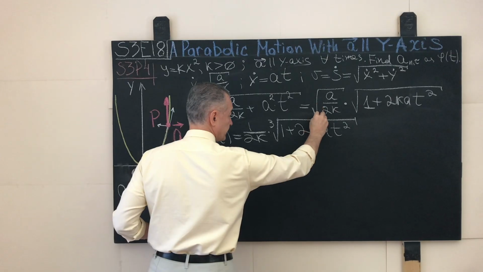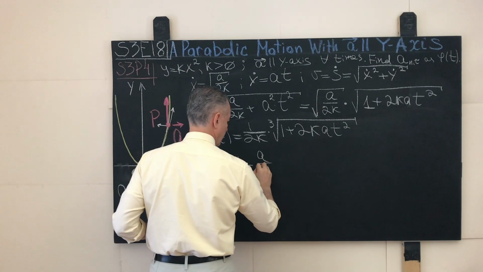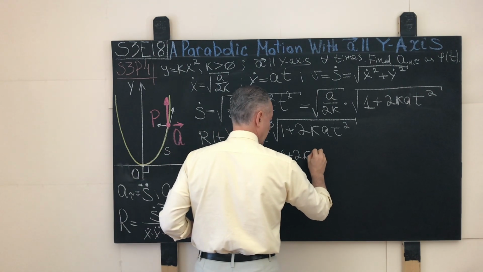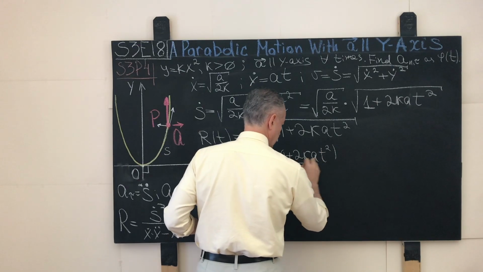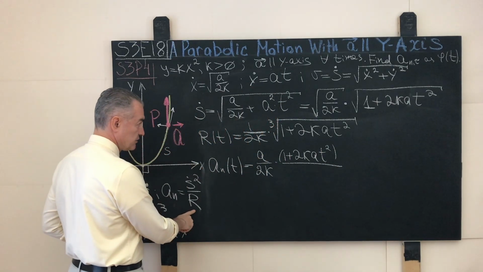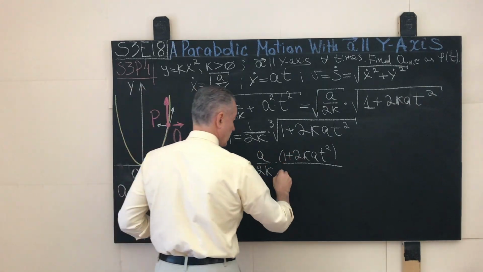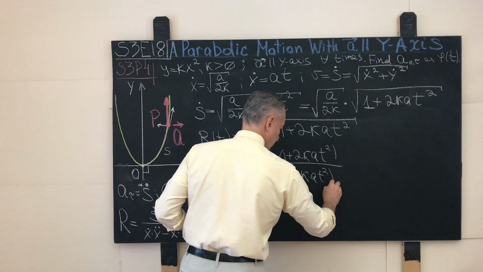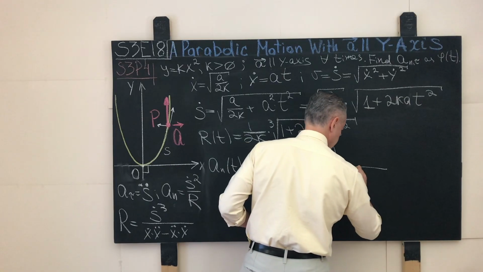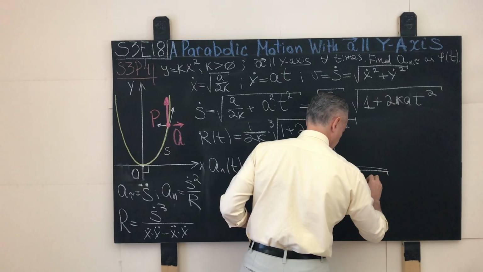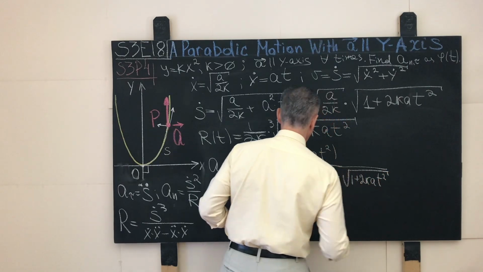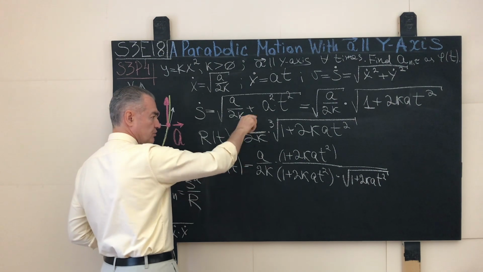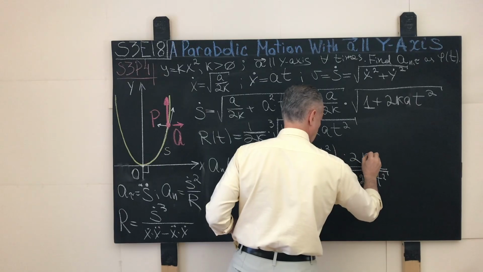It will be this expression, a over 2k times 1 plus 2k a t squared, divided by the radius of curvature, which is this expression. This will be again one copy of this complete expression, a t squared times the square root of the whole thing, 1 plus 2k a t squared, and what used to be in the denominator goes into the numerator, times 2k.